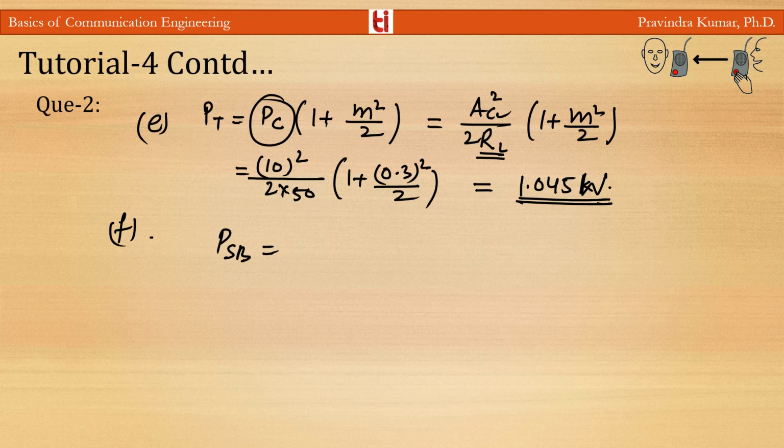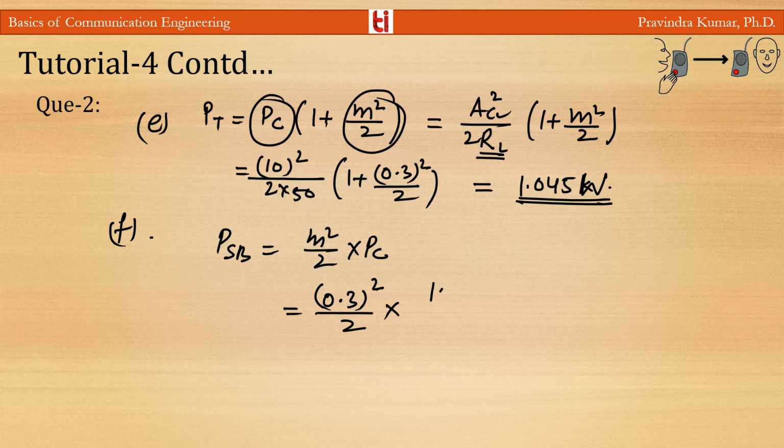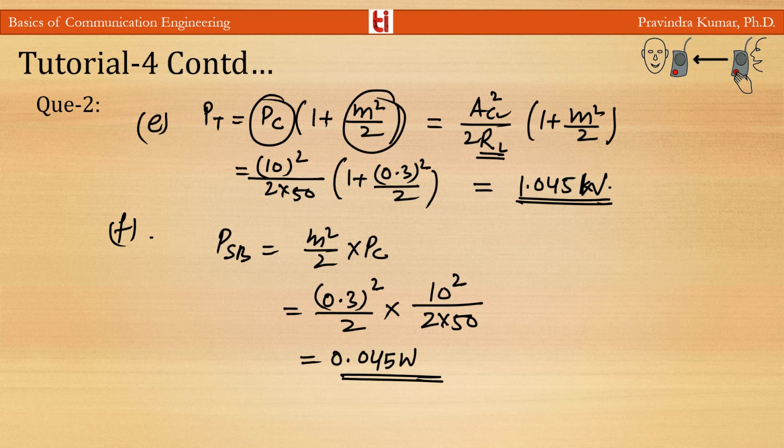It is m squared by 2 times PC, where m squared is 0.3 squared by 2, and the power in the carrier is AC squared by 2 RL, and it will be equal to 0.45 watt. This is the total sideband power.